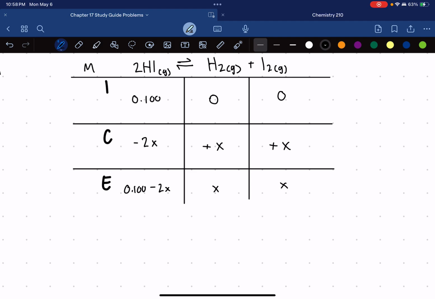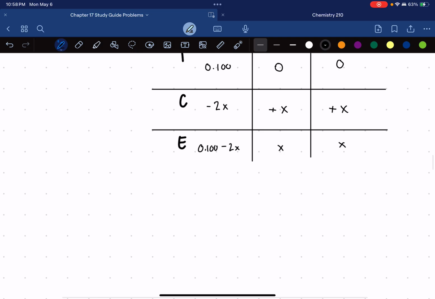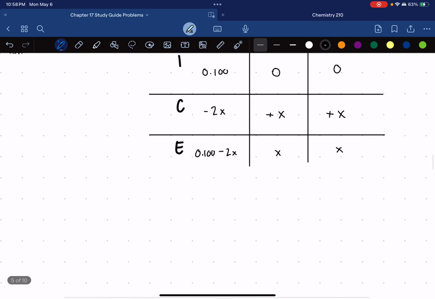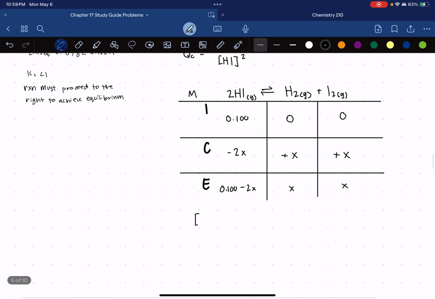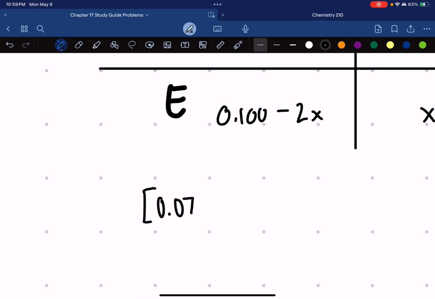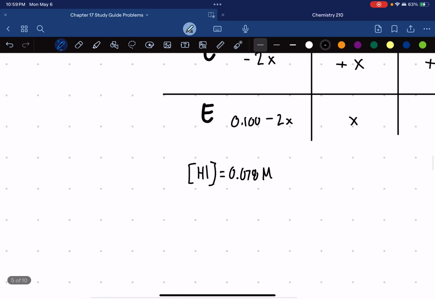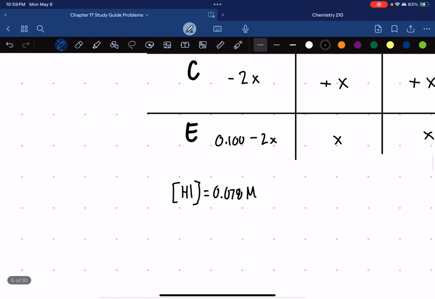Now, remember that we are given our equilibrium value for HI gas being 0.078 molar. Now to solve for x, we set both of these equations equal to each other.